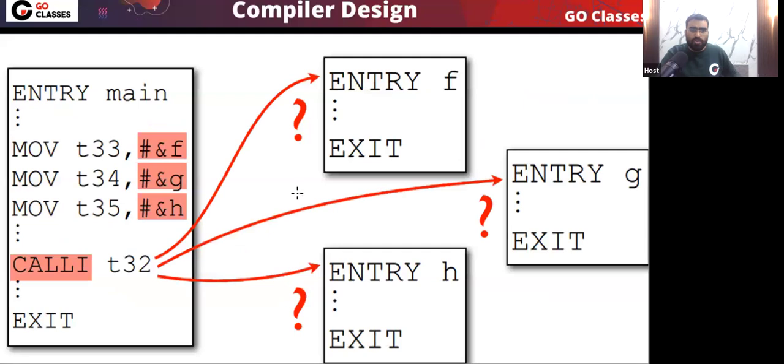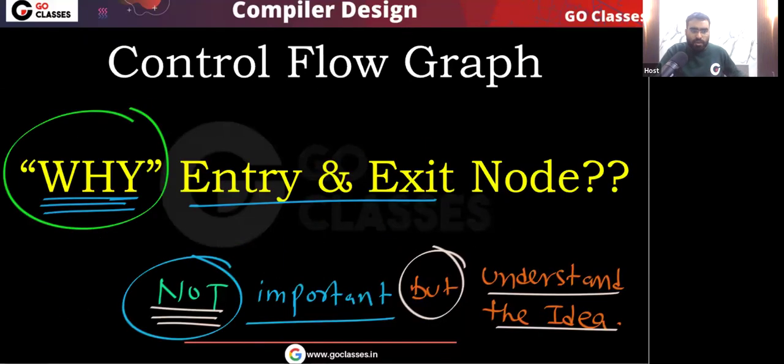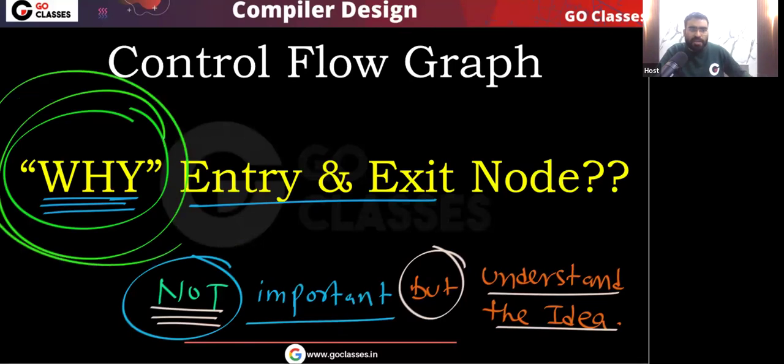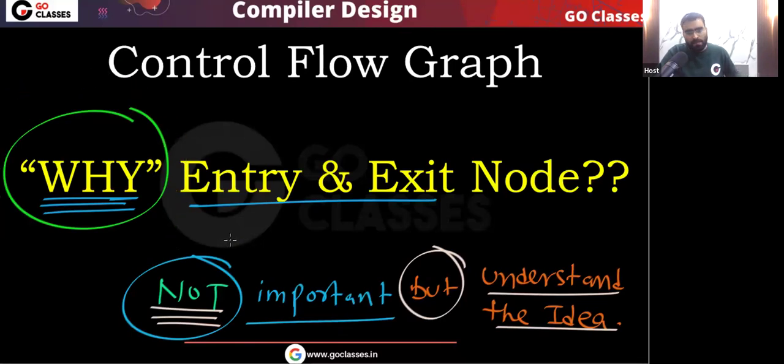So I hope you can appreciate that this is the simple reason we put entry and exit nodes. If someone asks you why we put entry and exit nodes, can you explain? Is this clear? So that is the reason why we put entry and exit nodes.